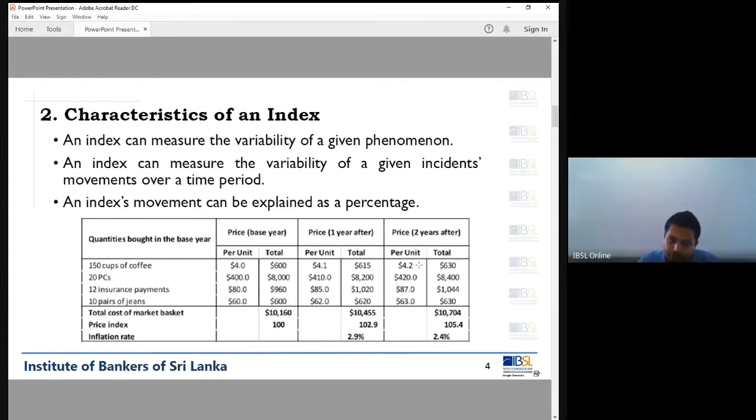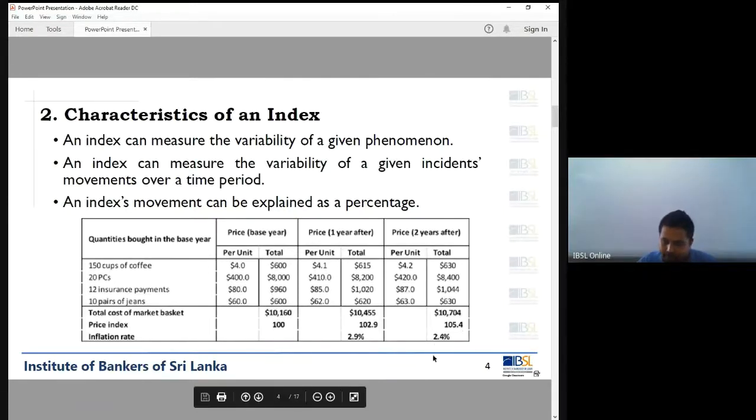Similarly, for year 2 you have different prices, so you will have a different cost of the market basket, and accordingly your index value will again be a different number. This 105.4 is the comparison of 10,704 to 10,160, so 105.4 is the new index value now.